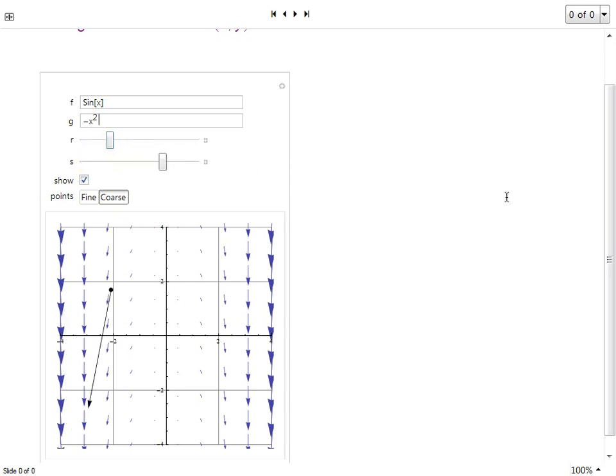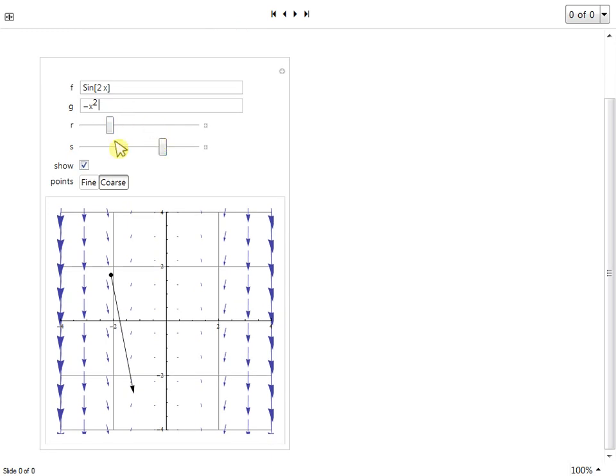I'll change the period of the sine function so you can see what I'm trying to get you to see. There. You know what? I'll make it 4 pi instead. Okay, so watch the x component of this. X component is what here? It's pointed to the left, so it's negative, right?